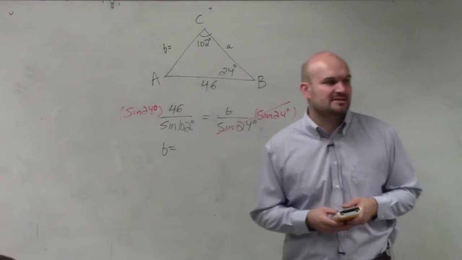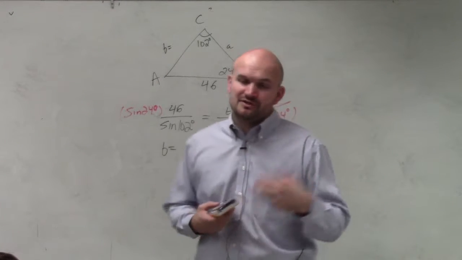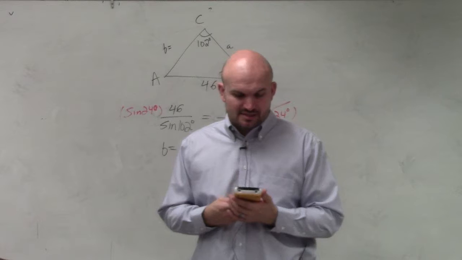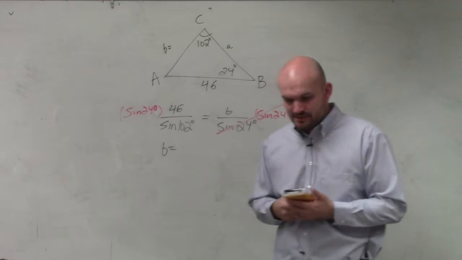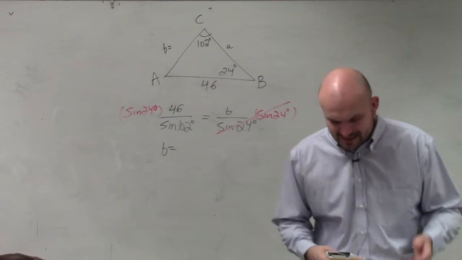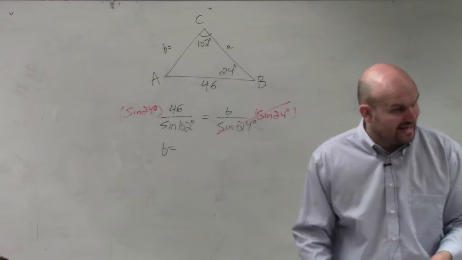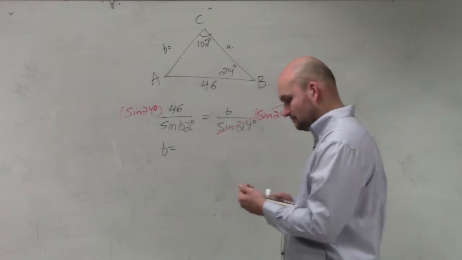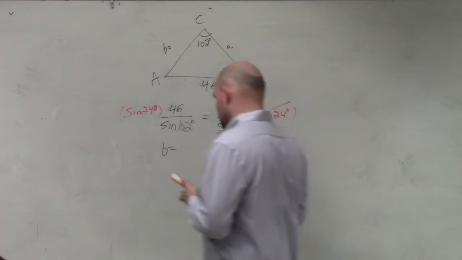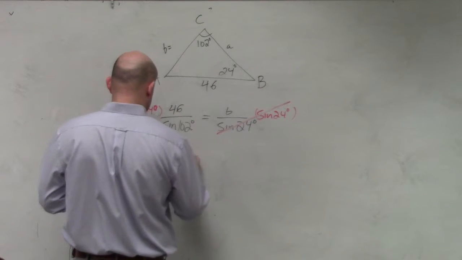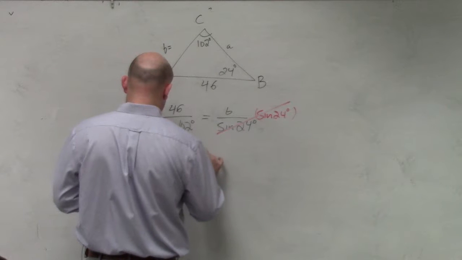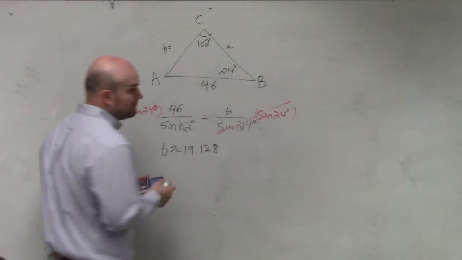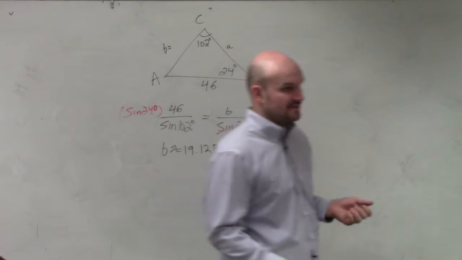You don't really have to end the parentheses, but I really prefer that whenever you're typing that in, you just end the parentheses. And you guys should get 19.128 as we round to the nearest thousandth.